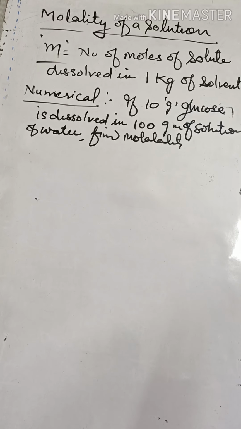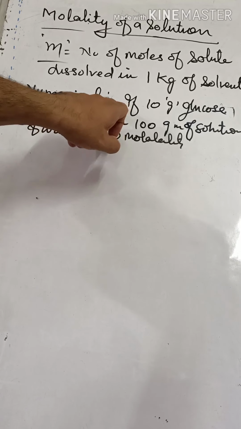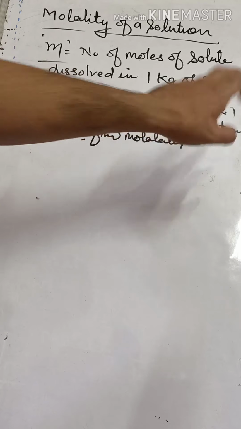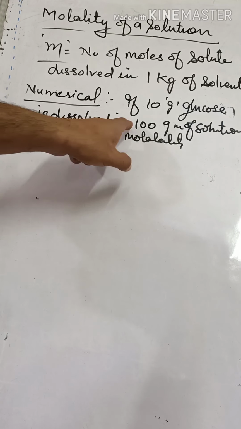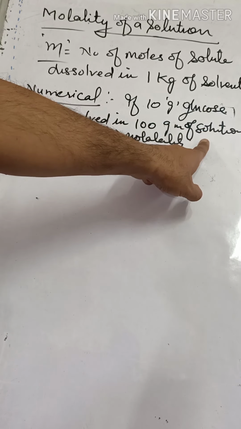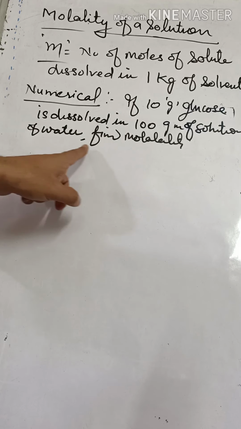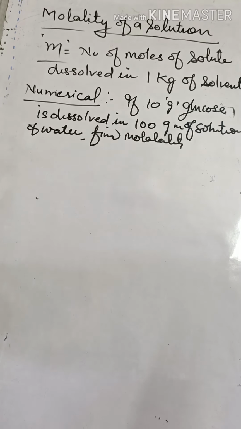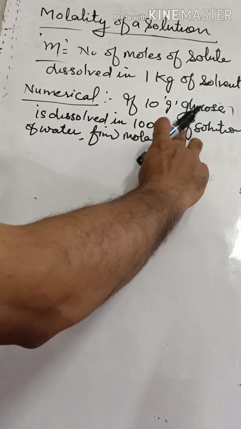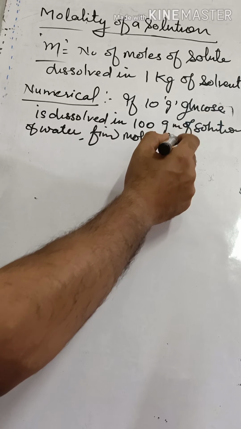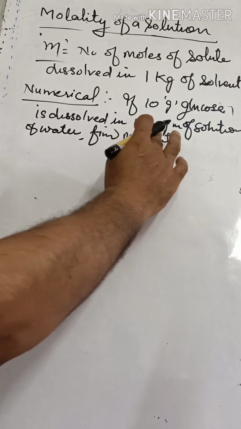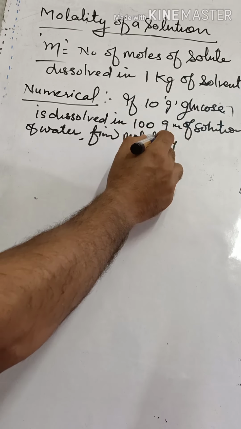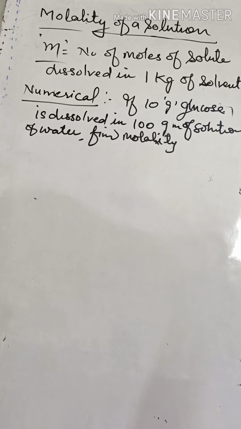Now here we will take one numerical. If 10 gram glucose is dissolved in 100 gram of aqueous solution of water, find the molality of the solution. Then what is W?